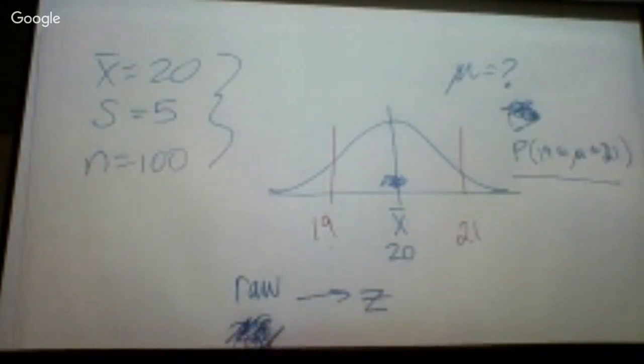So my z-score is sampling error over standard error. Oh no, I guess I should probably calculate my standard error. What's the formula to calculate standard error?